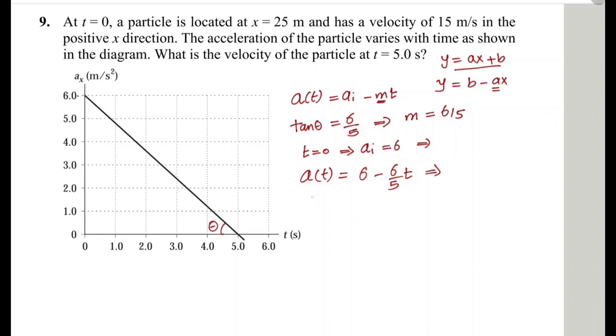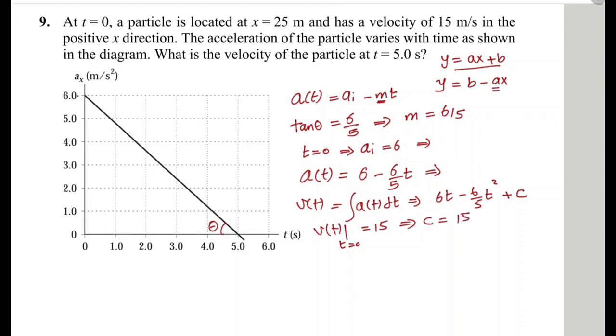and to find the velocity we have to integrate the acceleration. So v of t equals the integral of a of t dt, in other words, equal to 6t minus 6 over 5 t squared, plus c. v of t when t equals 0 is equal to 15, in other words, c equals 15.